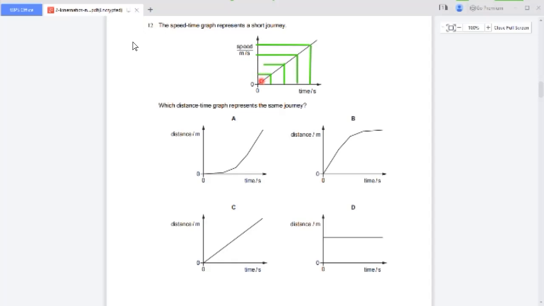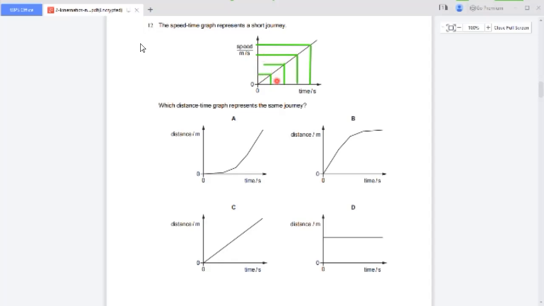So what I mean to say is, during this first interval the speed was small, so during this first second the distance traveled would be small. During this second the speed is doubled, so distance traveled would be much more than this one. Similarly, during this interval the speed is 15, suppose, so in 1 second it will travel 15 meters.